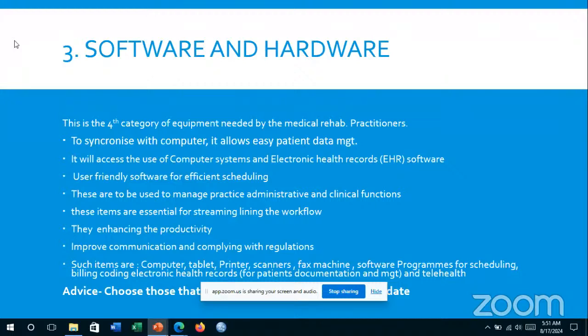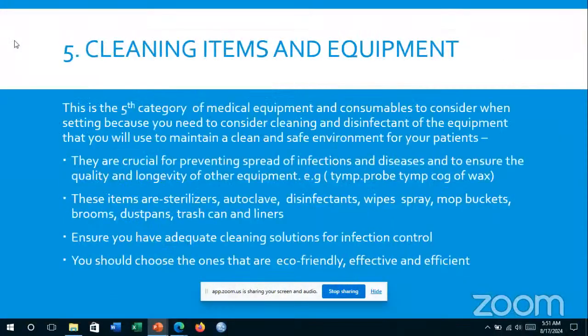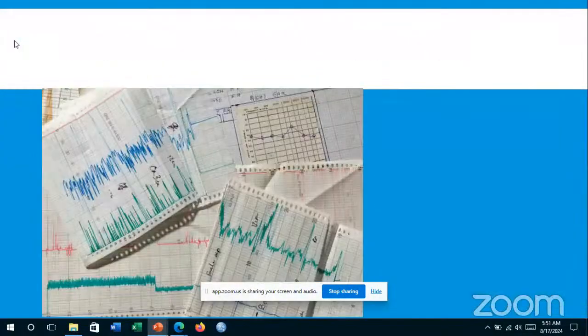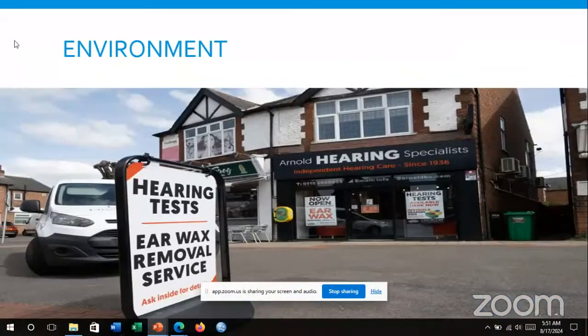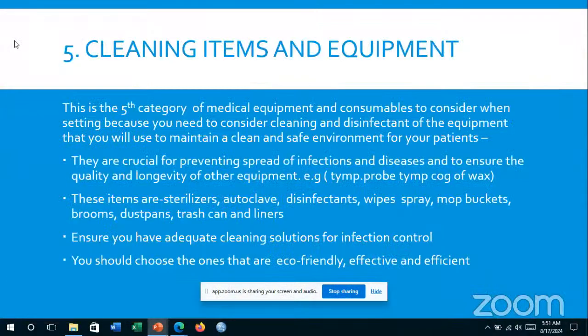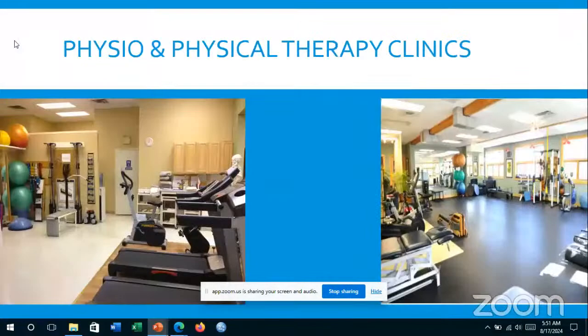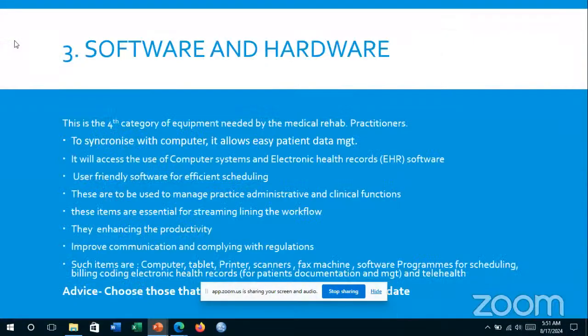Then another one may call his own ear wax removal clinic. Another one will say vestibular clinic. Audiology has a very long hand. We can stretch it anywhere. So in using equipment, make sure you purchase and set up the correct equipment that's meant to do what you intend to do.